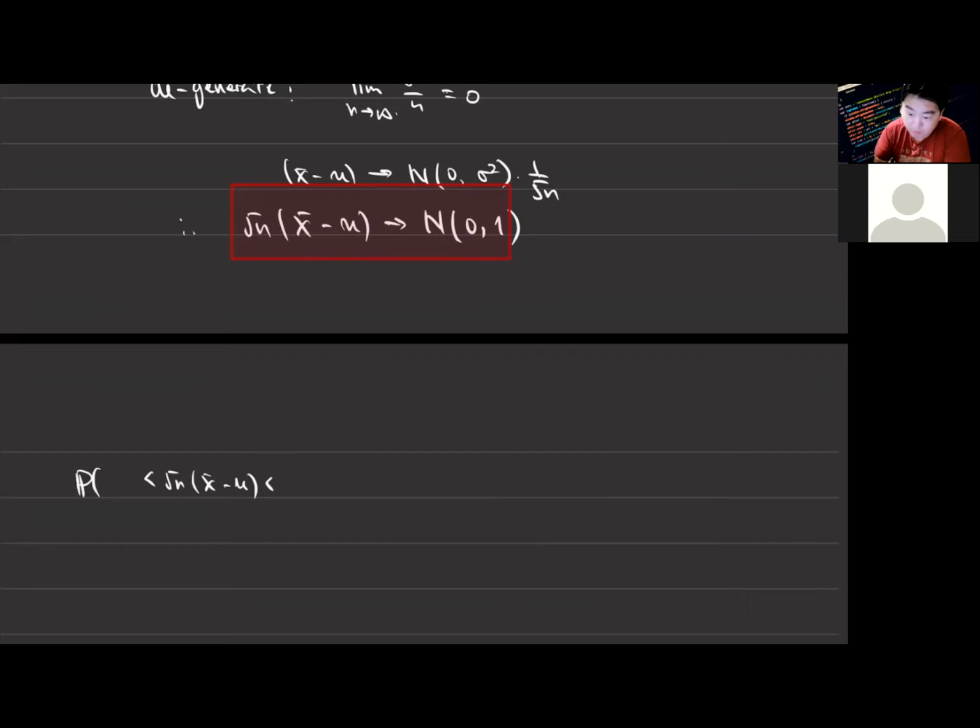Because it's normal 0, 1, I'm not going to trick you, so I'll just directly write it out. This is positive 1.96, and this will give you 95%. These values essentially come from the table, or from R or Python or whatever program you want to use, which is perfectly fine.